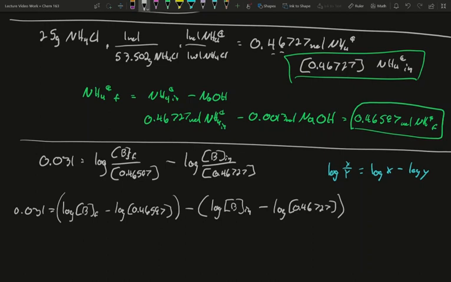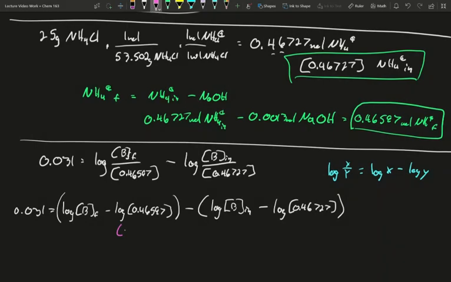Distribute some negatives here, but we also have logs of decimal places. This one will be negative 0.33164. Log of 0.46727 is going to be negative 0.33043. And we're doing some subtracting of negatives.